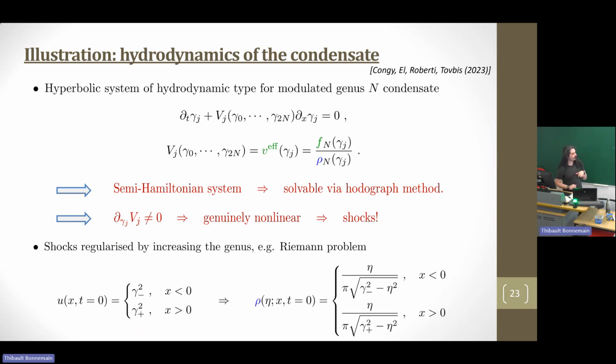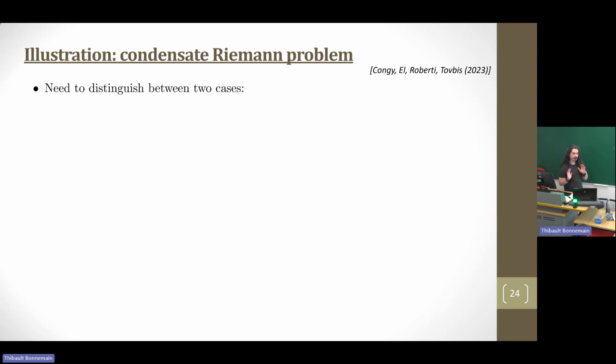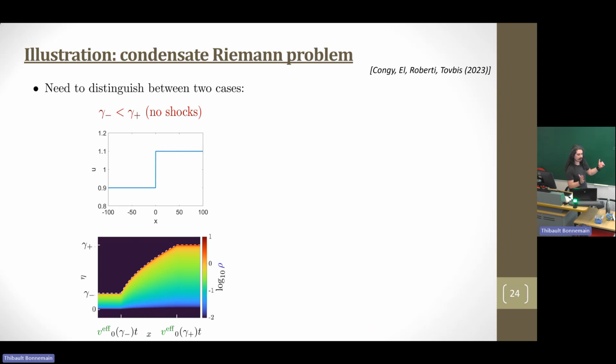So here my Riemann problem would be piecewise continuous for the field, which corresponds to a genus 0 condensate with different endpoints on the left and the right. I won't write the explicit solution. I will just focus on the phenomenology. Here I need to distinguish between two cases. The first case is gamma minus less than gamma plus, which corresponds to this kind of field. In this case, this component is slower than this component, so the characteristics never cross.